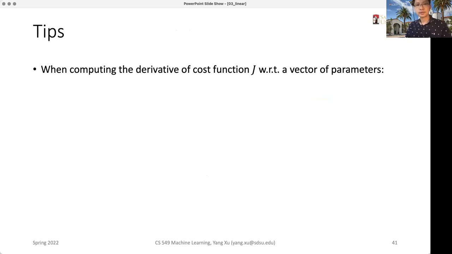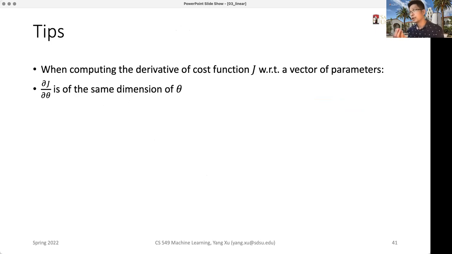Okay, so several tips for computing the derivatives of the cost function with respect to vectors. We can remember that the derivative of something always has the same dimension as the variable.